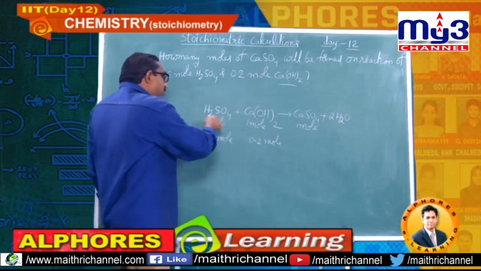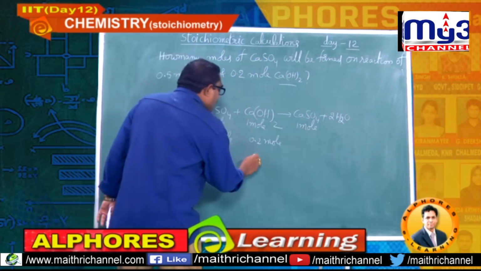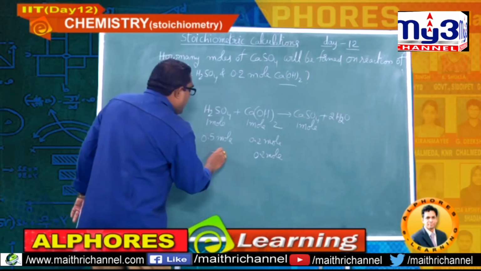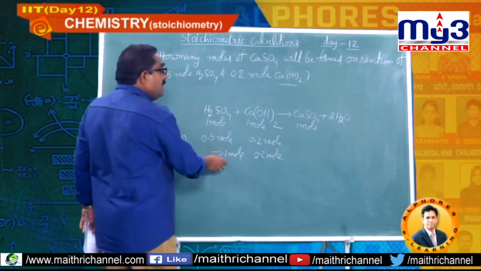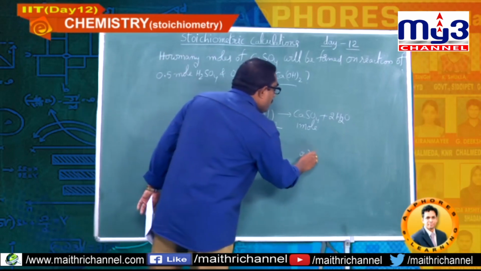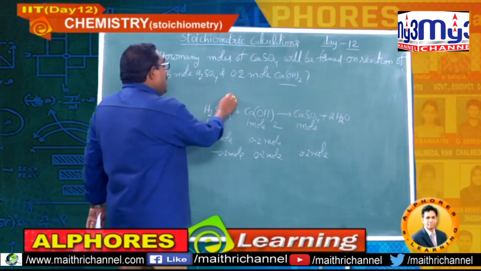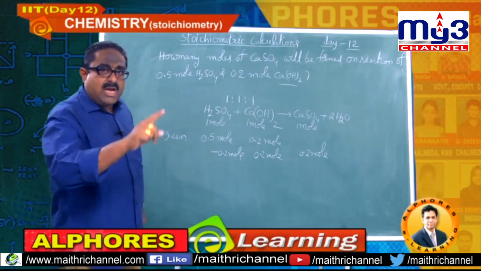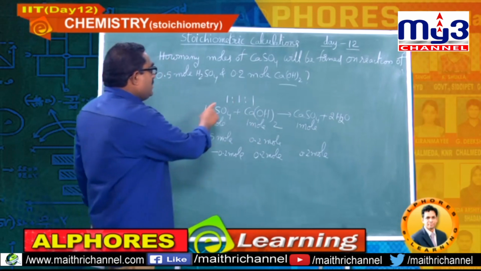So, from this stoichiometric equation, 0.2 mole of calcium hydroxide reacts with 0.2 mole of sulfuric acid only and forms 0.2 mole of calcium sulfate, because you are not supposed to disturb the mole ratio of a balanced chemical equation, that is 1:1:1.